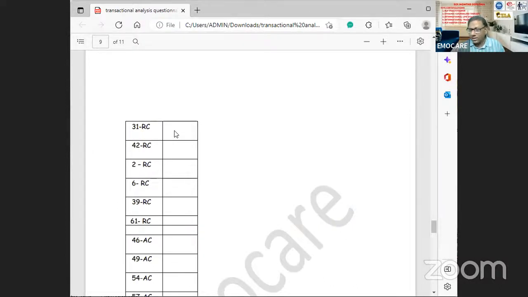True means plus. Plus means give 1. 42 minus, leave it. 2 plus, give 1. 6 plus, give 1. 39 plus, give 1. 61 plus, give 1. Now write the total here.